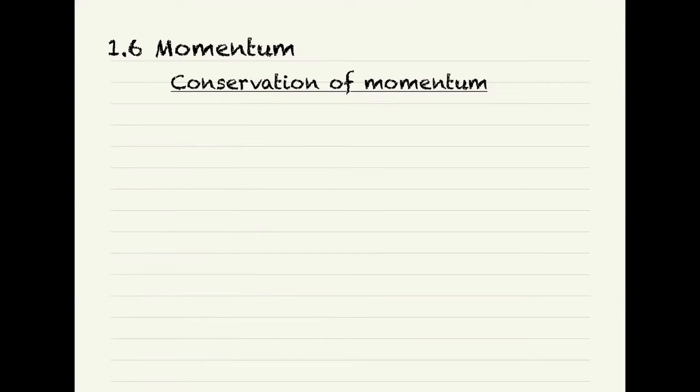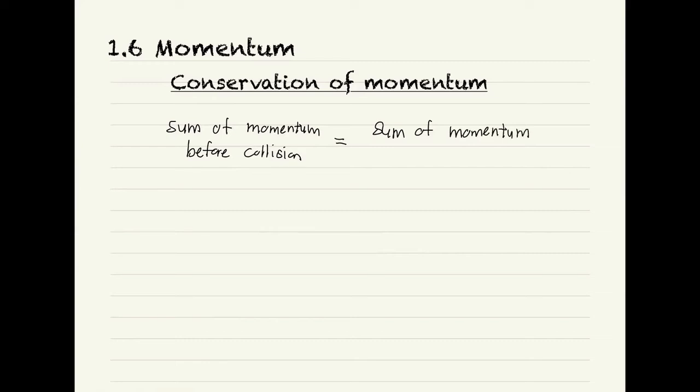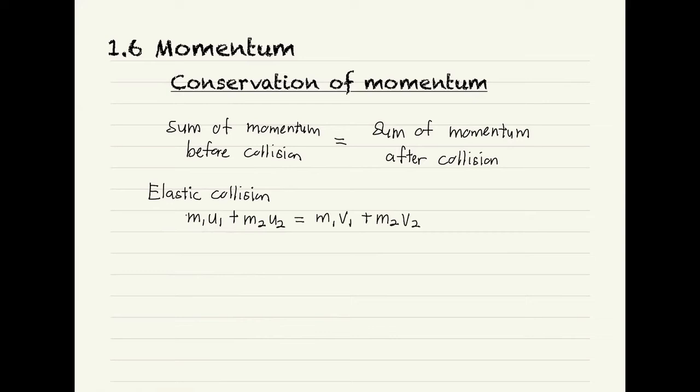From the conservation of momentum, it means the sum of momentum before collision will be equal to the sum of momentum after collision. For the elastic collision, we will use this formula: m1u1 plus m2u2 equal to m1v1 plus m2v2.